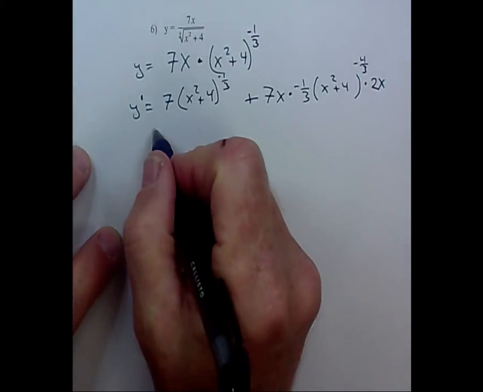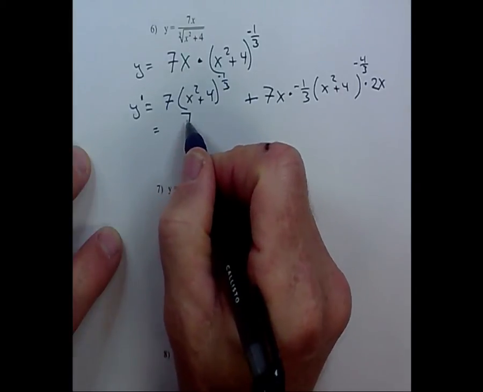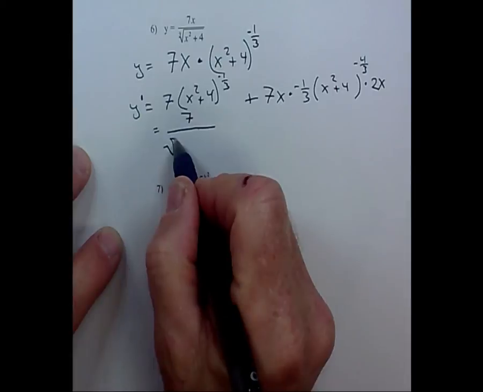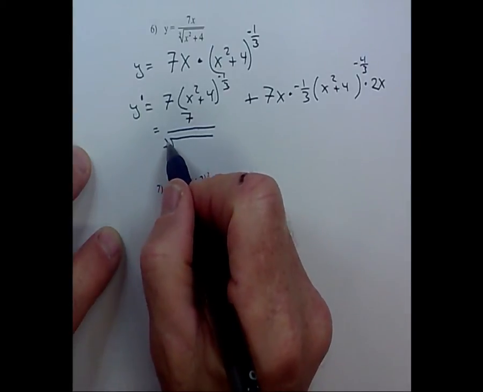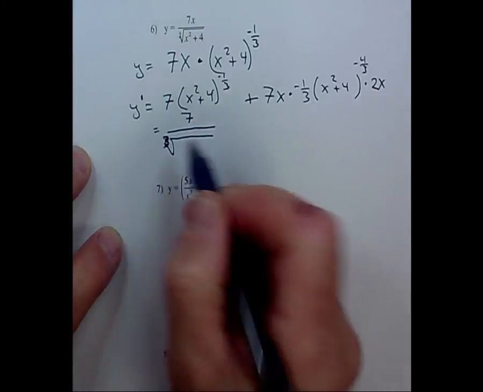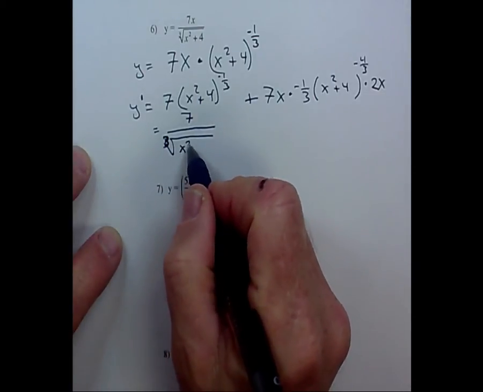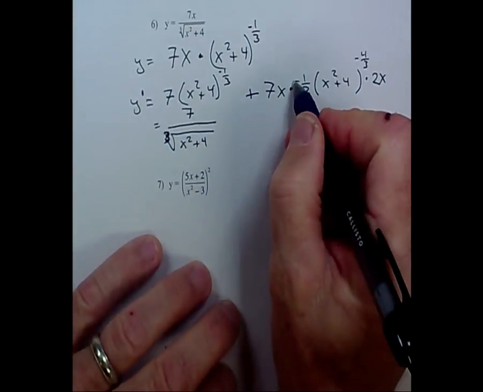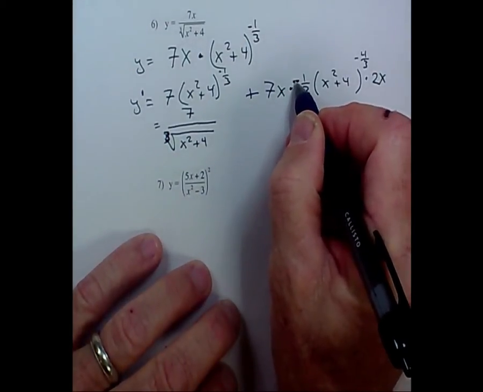So this becomes 7 over the cube root of x squared plus 4. Now, you see this minus sign right here, this negative, everybody?